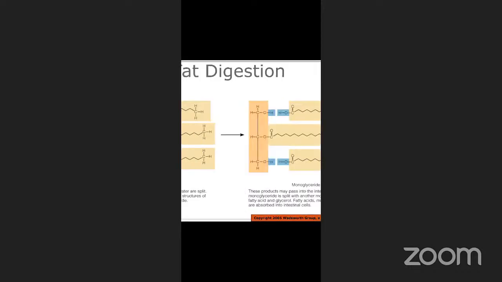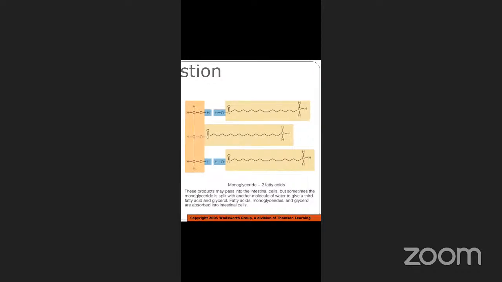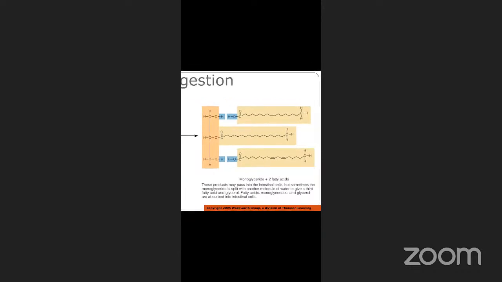Mainly the enzymes will break two fatty acyl chains. Now we'll get monoglycerides, that is, one glycerol with one fatty acid chain, and two fatty acids will be released. These fatty acids, monoglycerides and glycerol are absorbed by the intestines.